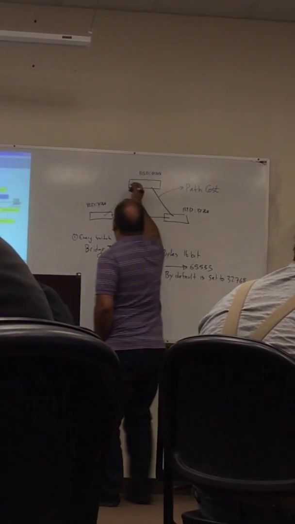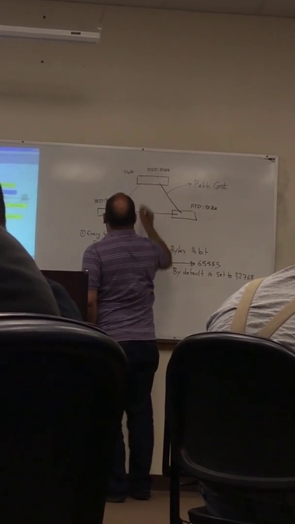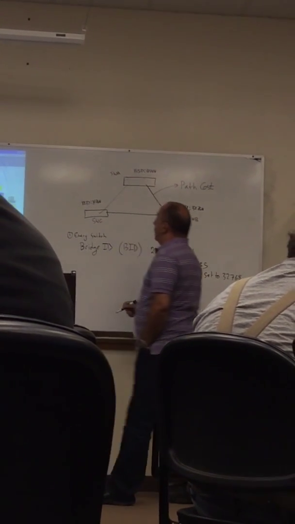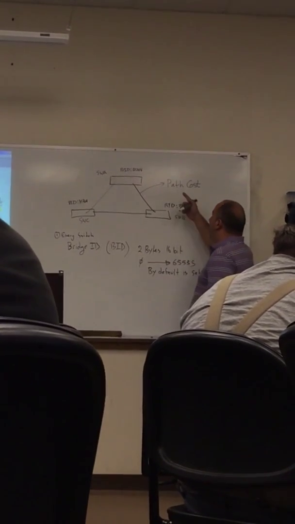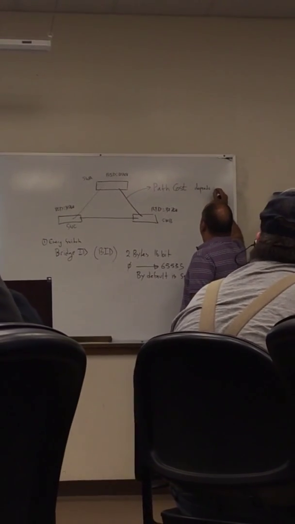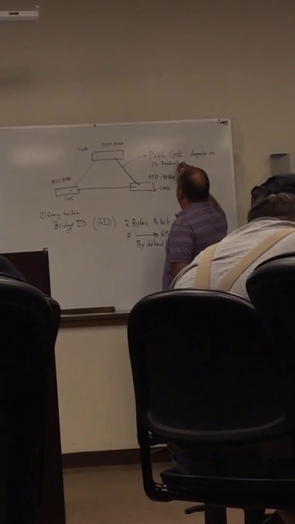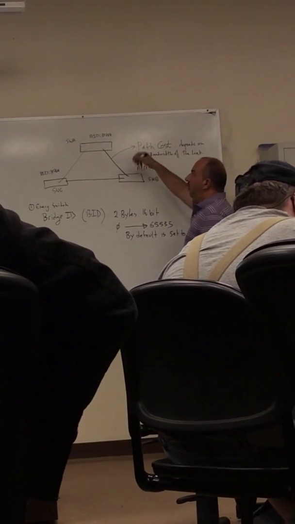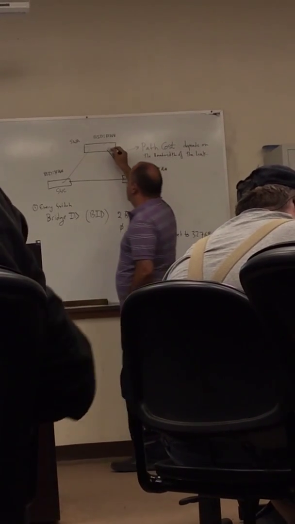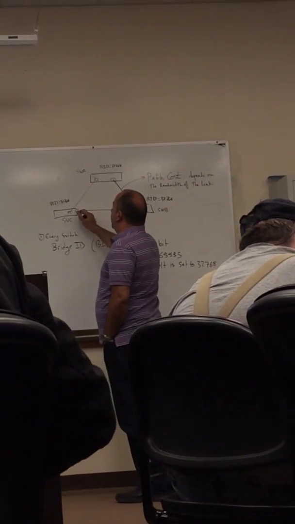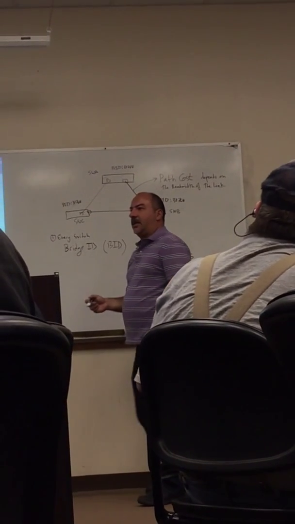So let's call this switch A, switch B, and switch C. So let's say, for example, the path cost depends on the bandwidth of the link. So whatever is this, what are we connected here? 100 megabits or 10 megabits? We're most likely not 10 megabits, correct, guys?